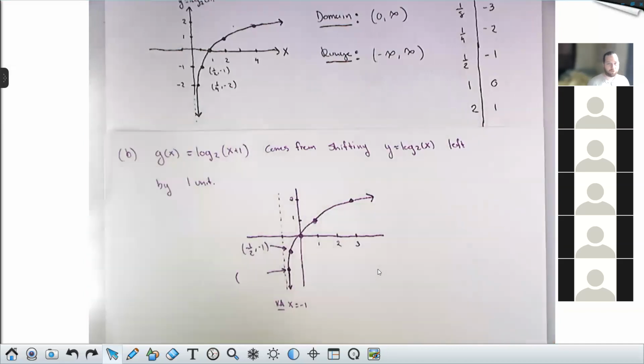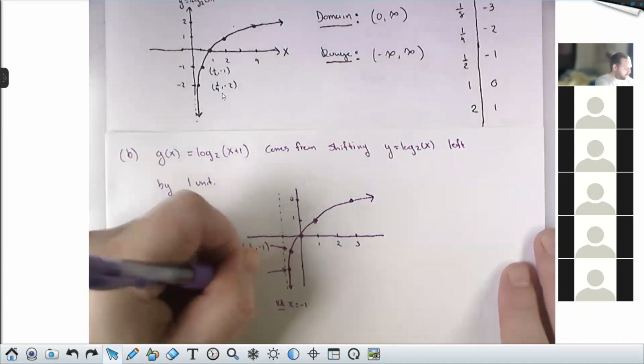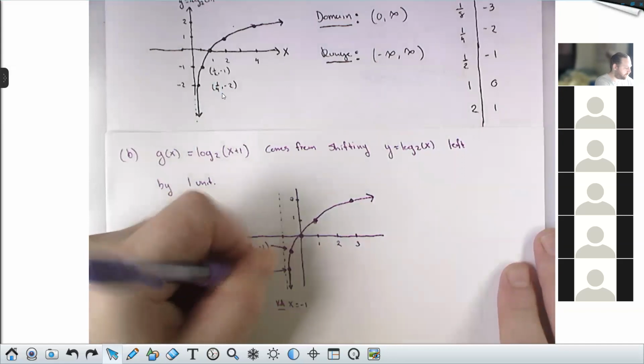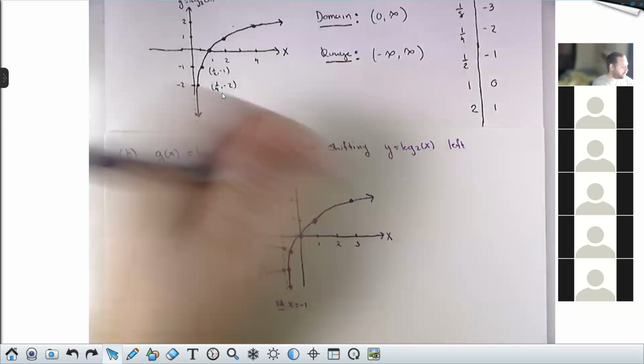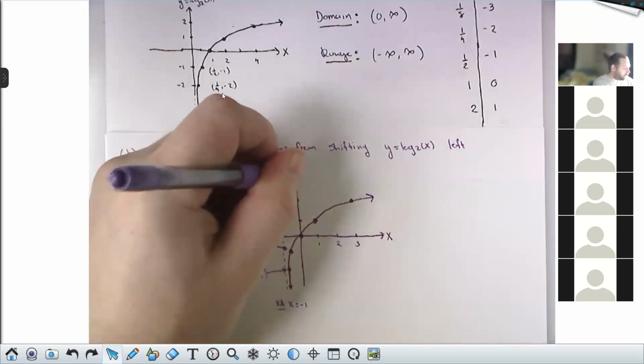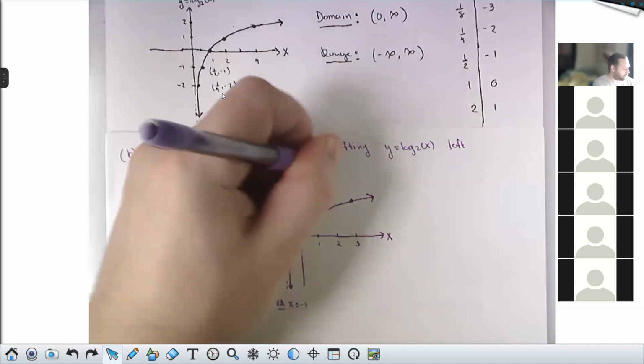Very good, -3/4, right? Again, we're subtracting 1 from the x value. So 1/4 minus 1 is -3/4. This is (-3/4, -2). This is the x-axis, of course, and this is the graph y equals log base 2 of x plus 1.